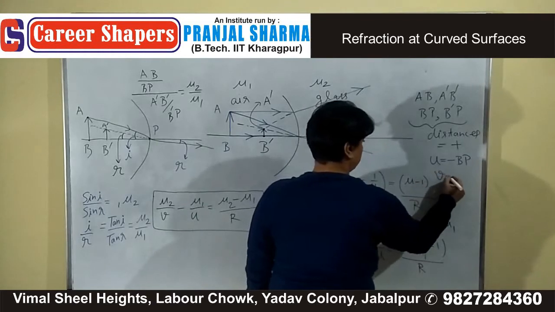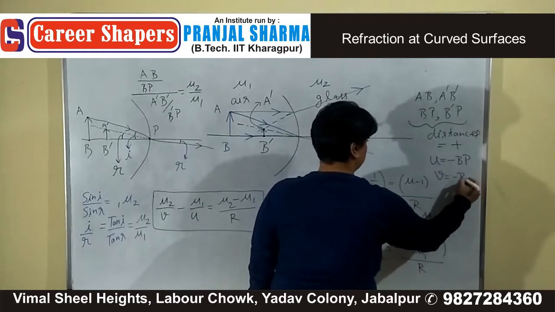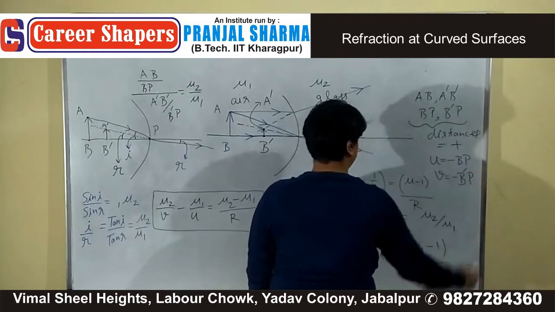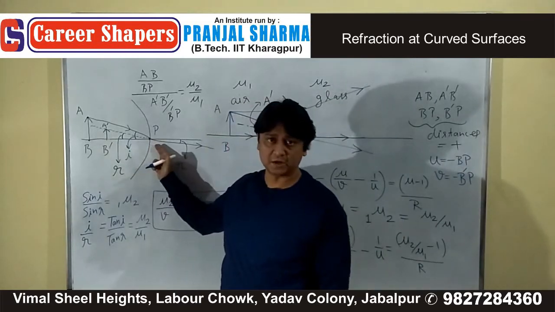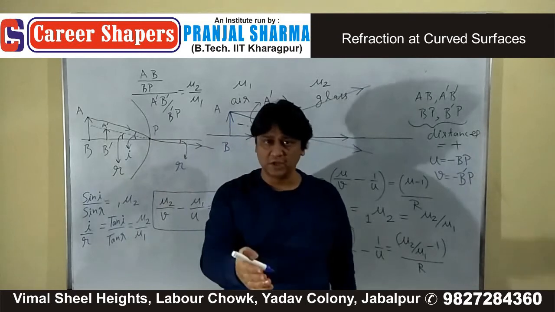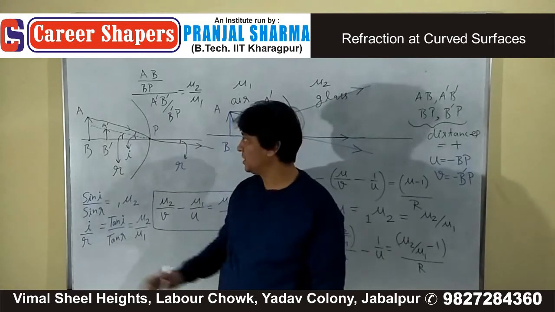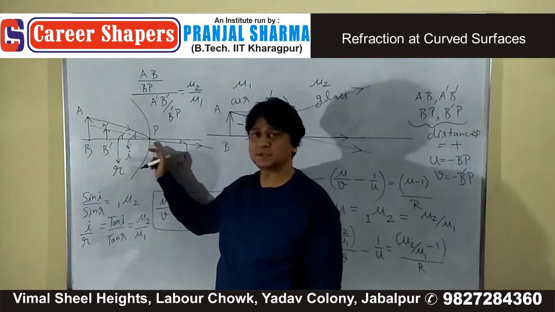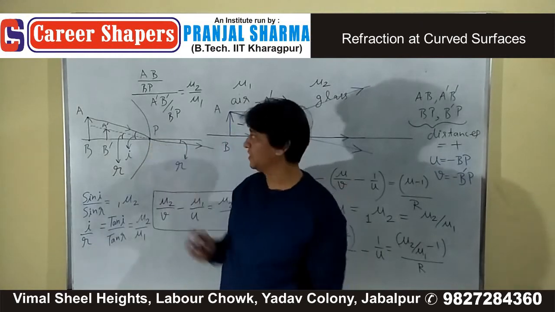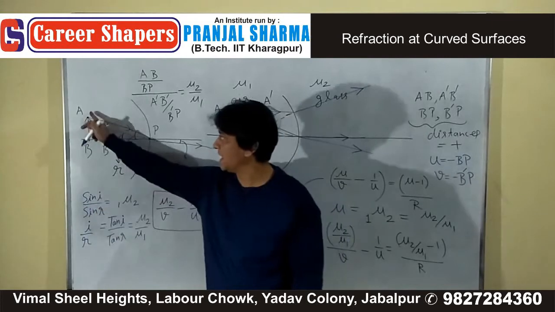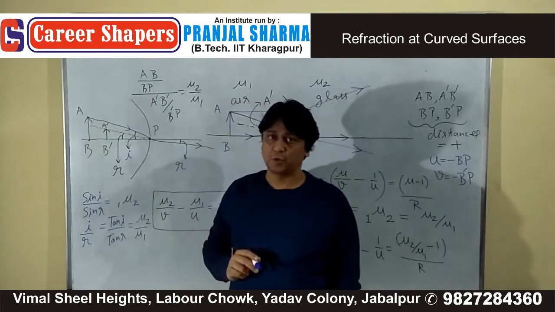Similarly, v becomes minus of B dash P. If B dash P is 8 centimeters, then if I ask you what is v, you will say minus 8. If BP is 10 centimeters, and I ask you what is u, you will say minus 10. Similarly, AB and A dash B dash, they are what?